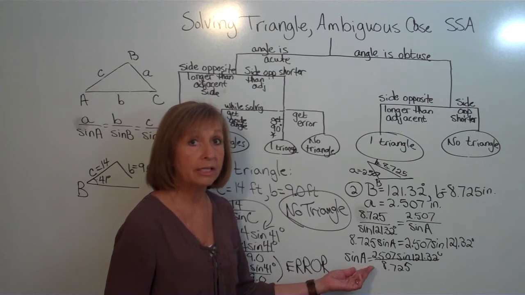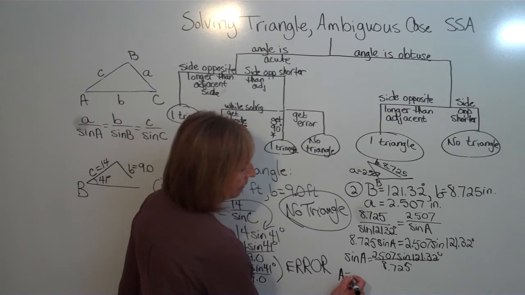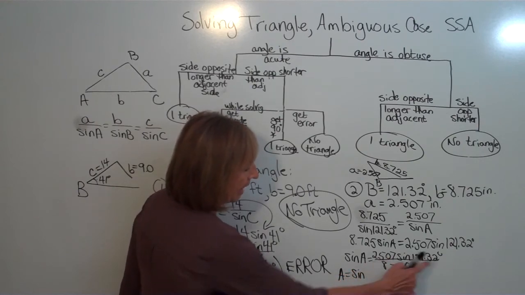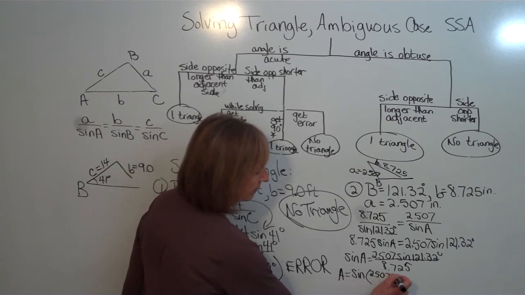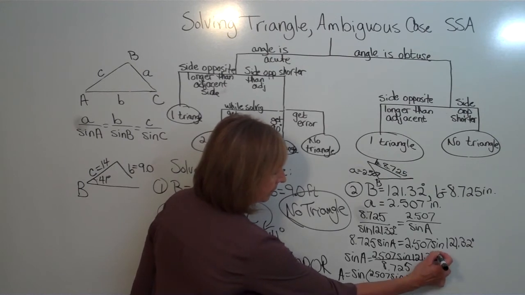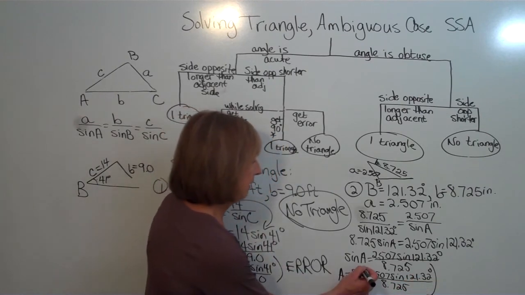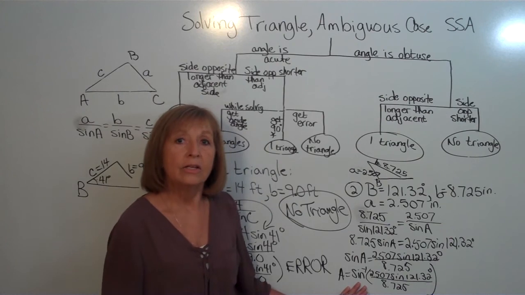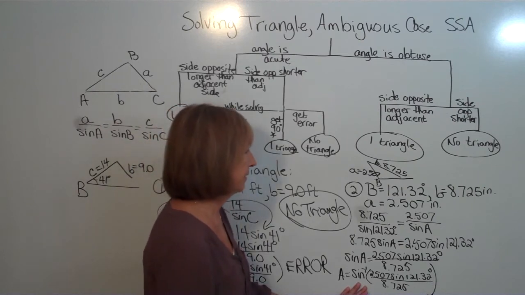We want angle A, so we're going to do the inverse sine of both sides. And I get A is equal to the inverse sine of that expression. Inverse sine. Okay? So when I work that through, I'm going to get that it's approximately 14.21 degrees.